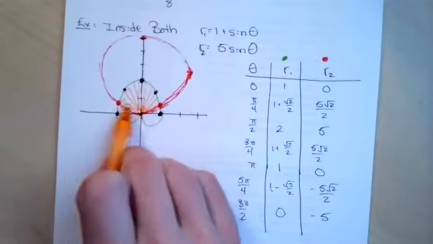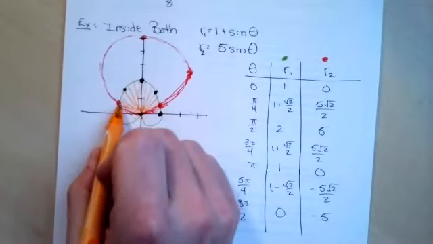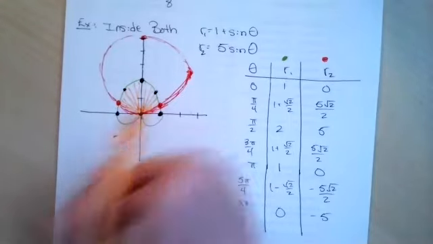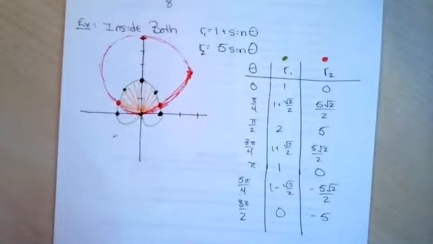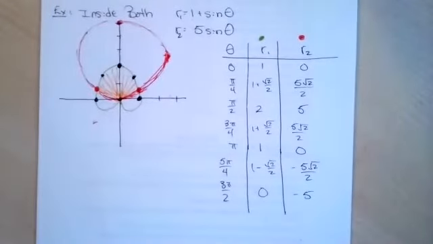So we need to find the intersection points and then integrate around for the green, and then from 0 to those points for the red, if that makes sense. So first step, with almost anytime you're graphing and finding the areas between two curves, we want to find the intersection point.